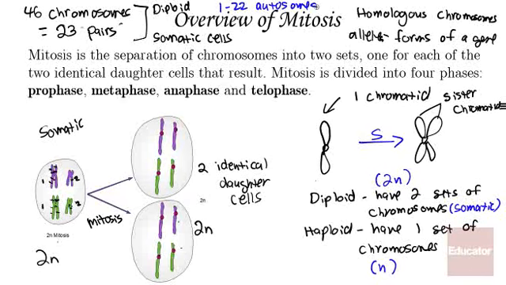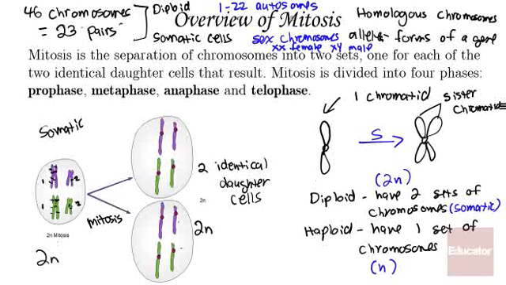The 23rd set is the sex chromosomes. We will definitely get into this later on when we talk about reproduction, but just briefly, remember that XX, that chromosome conformation is for a female. XY is male.